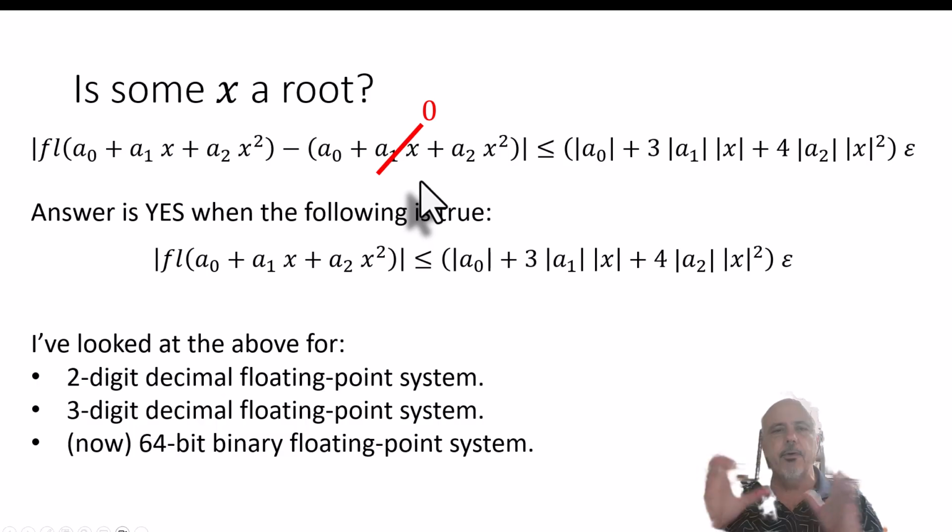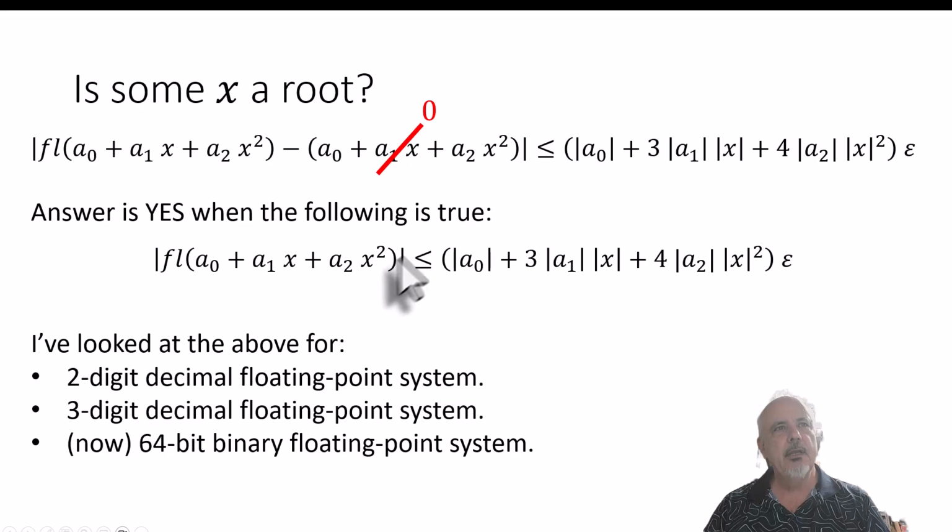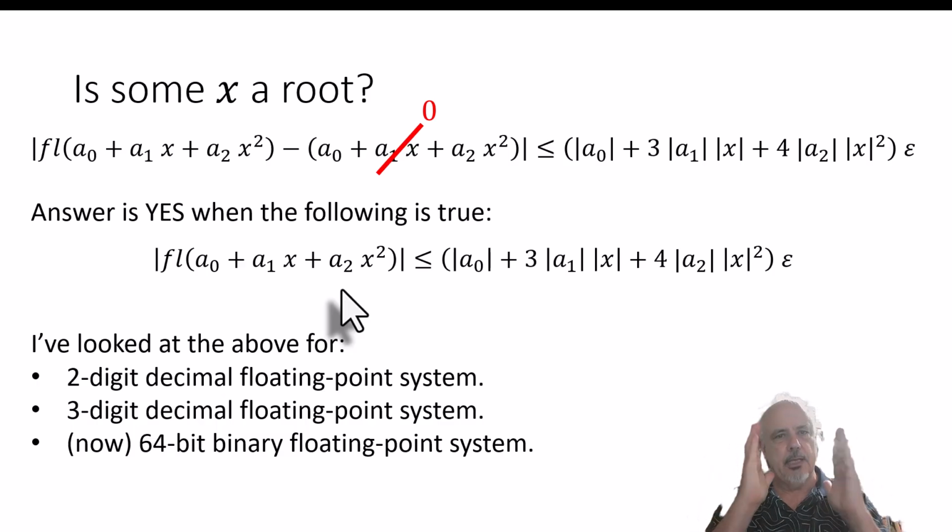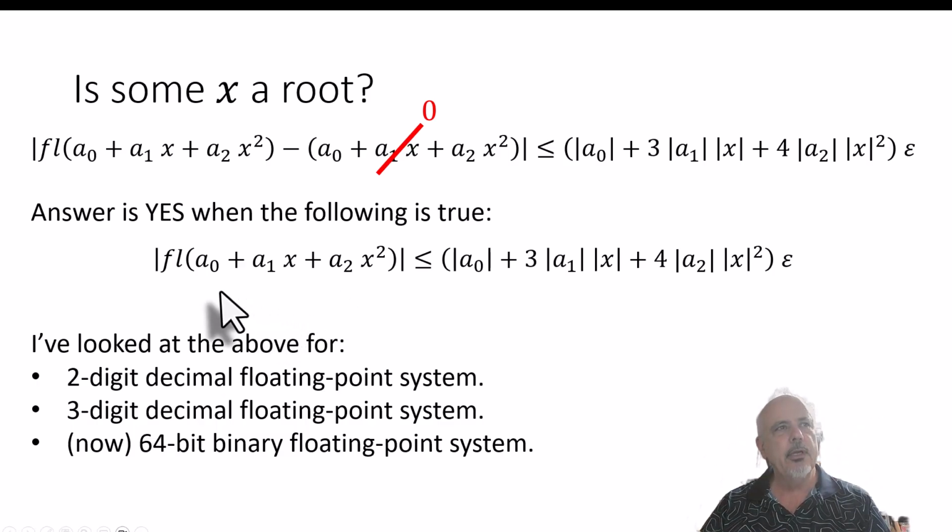Okay, so if we're wondering if a particular x is a root, then we assume that the true value is 0, and then the test becomes whether the floating point calculation of the polynomial's absolute value is less than or equal to this bound. And you want to make sure that you check out the other video to see where this bound comes from.